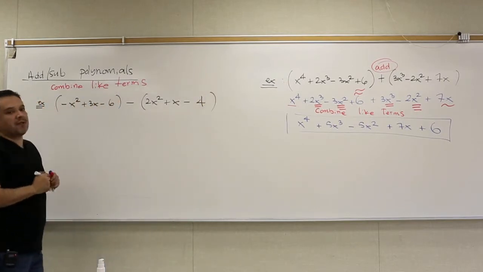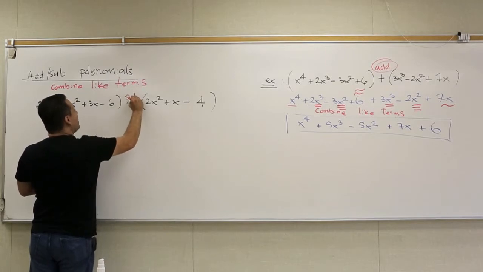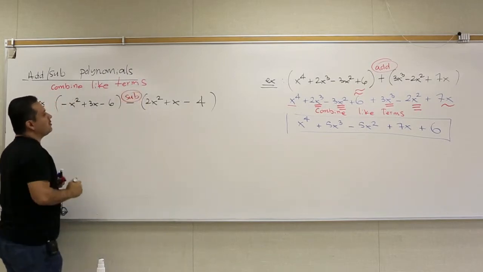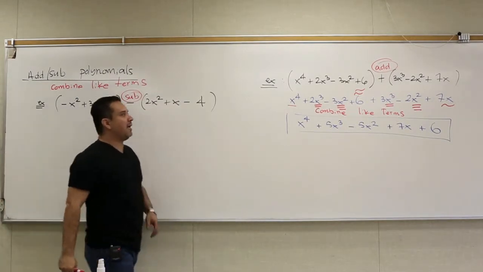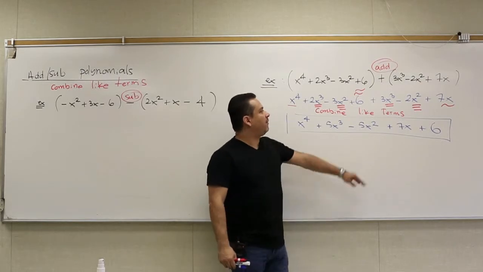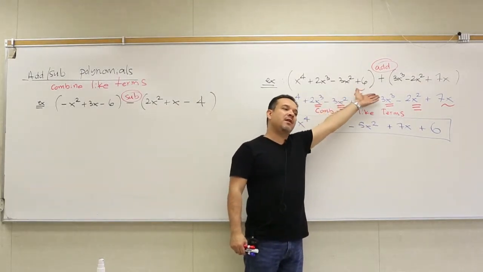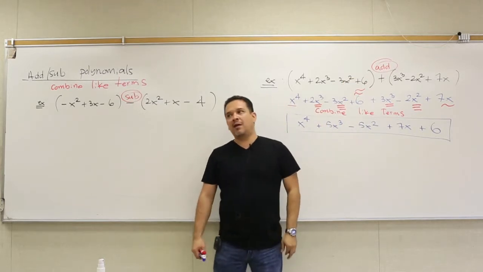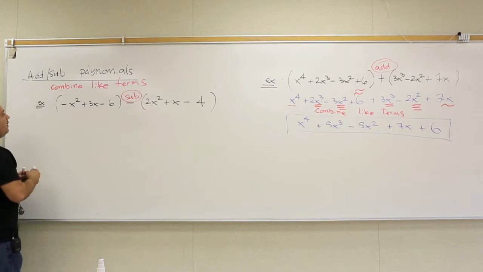Now, you know this is subtraction because what do you see here? The minus sign means to subtract. So let me explain the procedure for subtraction. It's very simple. It's not the same as the procedure for adding. For adding, simple: drop your parentheses, combine like terms. Here, you drop the first set of parentheses only.